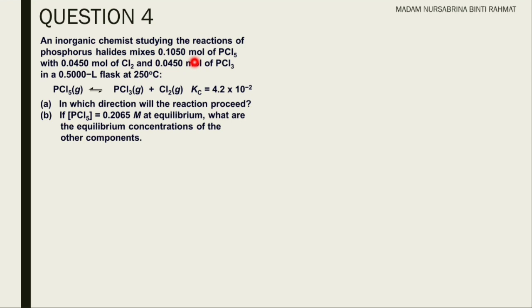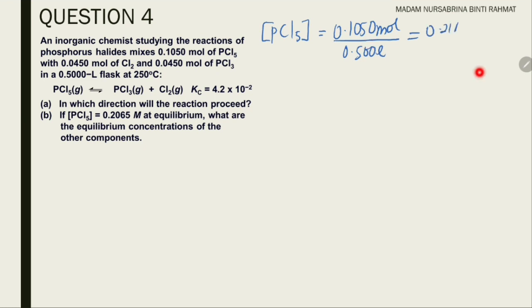As usual, you need to calculate the concentrations first. Concentration of PCl5 is 0.1050 mole divided by the volume of the flask, which is 0.500 liter. If you press your calculator, you will get 0.21 molar.